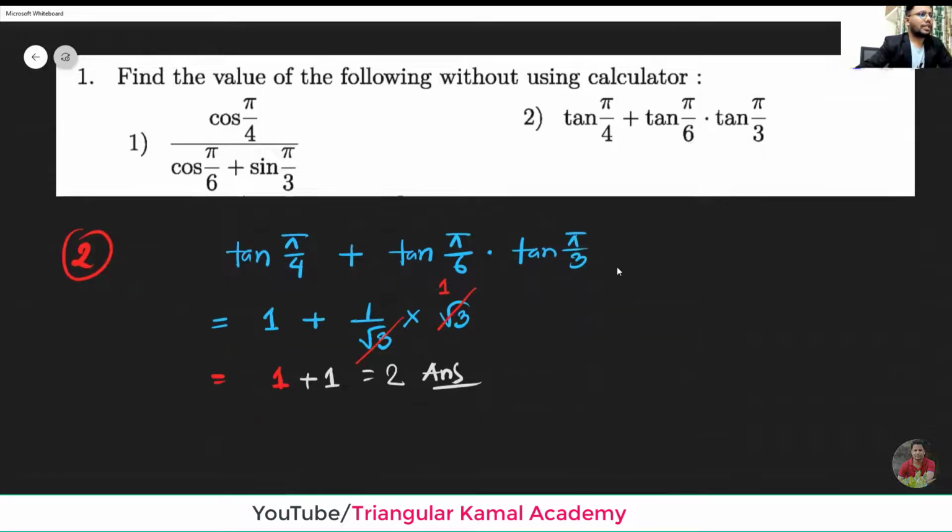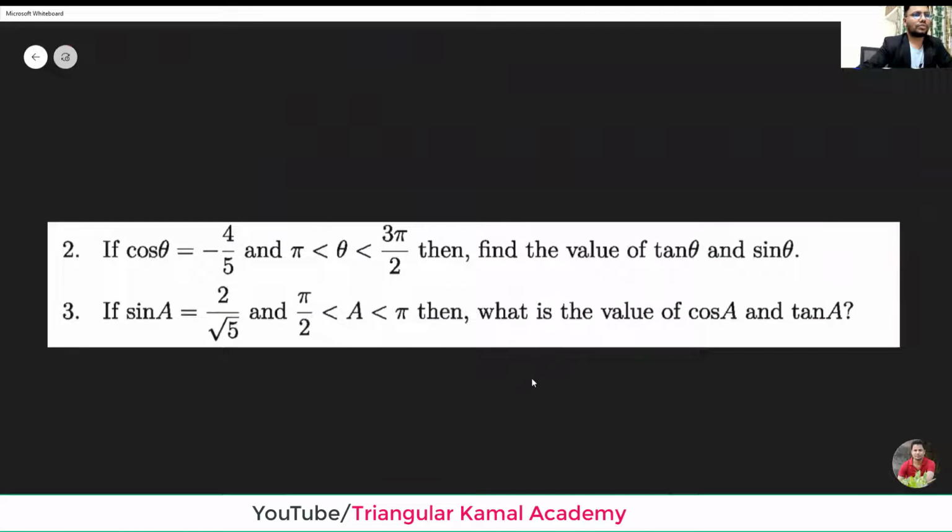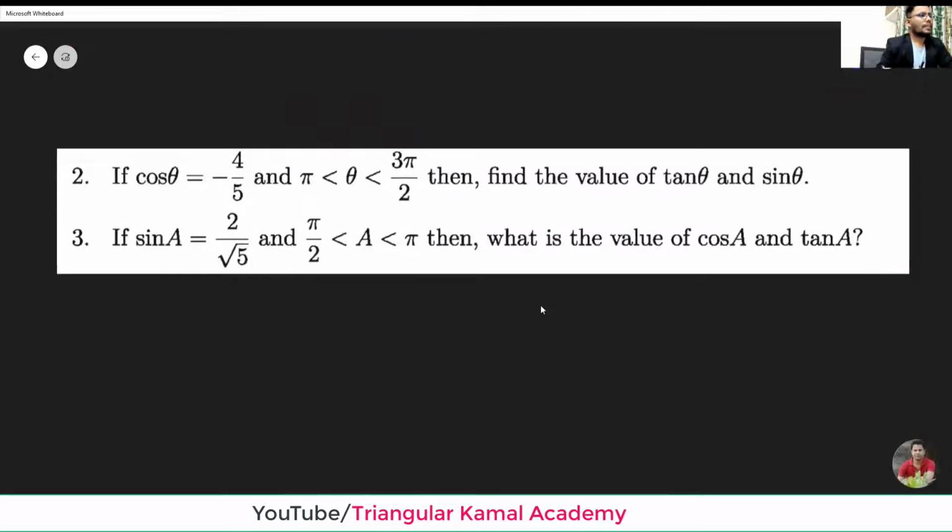Now, next question, question number 2. If cos theta is equal to 4 by 5, and theta is greater than pi, pi means 180. If we convert this one, 180, and theta is smaller than 3 times pi by 2. Pi by 2, if we consider here, this is 90.